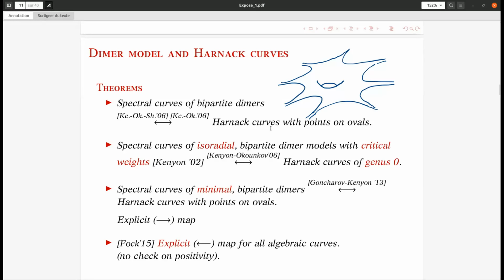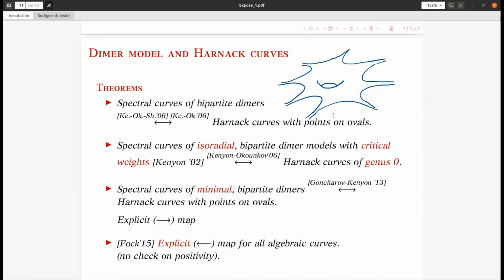So let me tell you what Harnack curves are. There are different characterizations of them, but I will give you one. Here on the top, I have tried to picture a Harnack curve. I don't know if it's very convincing, but you should think of it as being a big donut that's been projected onto the plane into the amoeba. Such a curve is Harnack if and only if the map from the curve to the amoeba is 2 to 1.